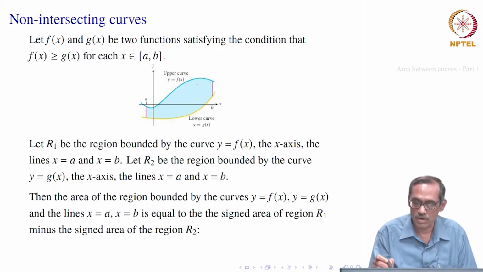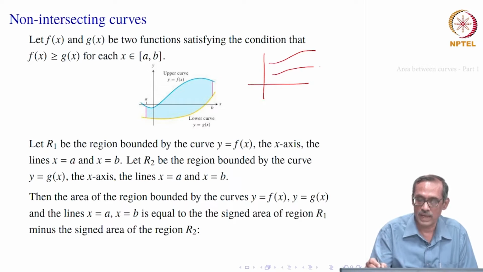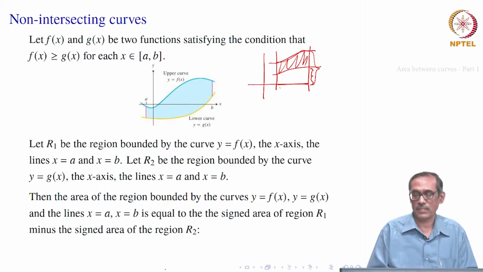It might not always be in this form, you can think of some other type, say f of x and g of x both lie above the x axis, with x equal to a, x equal to b. Then you can see that the area of this region will be equal to the area bounded by f x and the x axis, the whole thing, minus the area bounded by g x and the x axis, this one.